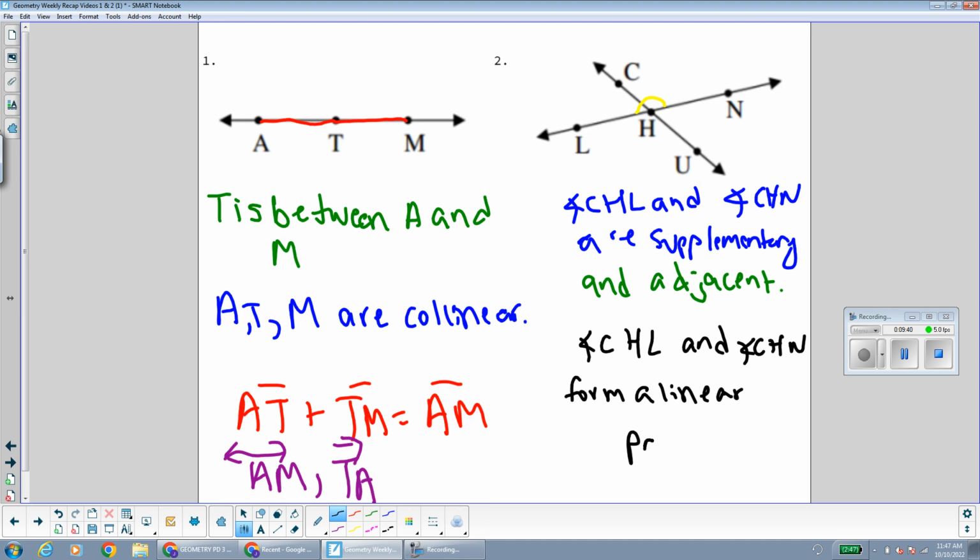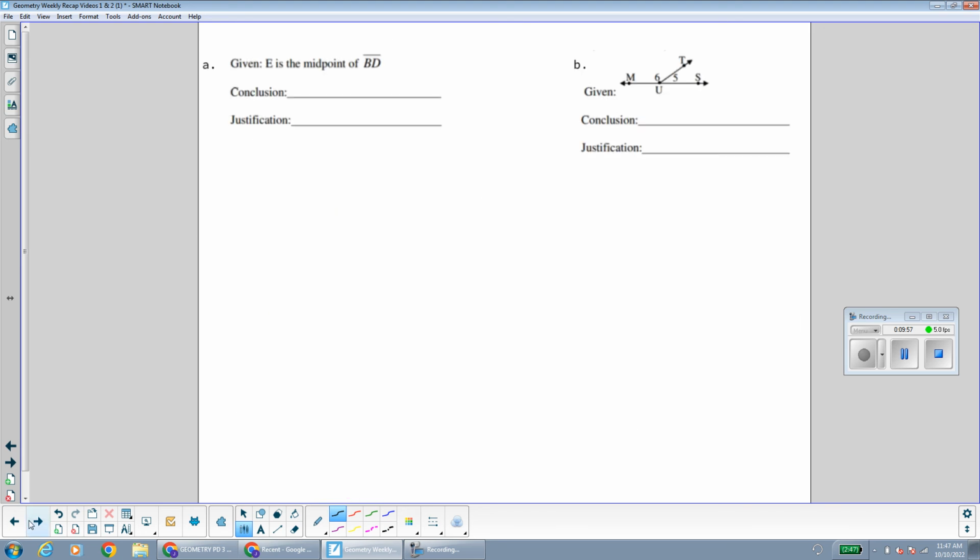And once again, all that means is that they are both supplementary and adjacent. That's all it means for two angles to form a linear pair. There's other linear pairs in this diagram, but I think we get the idea.